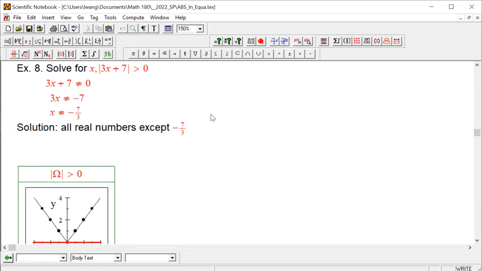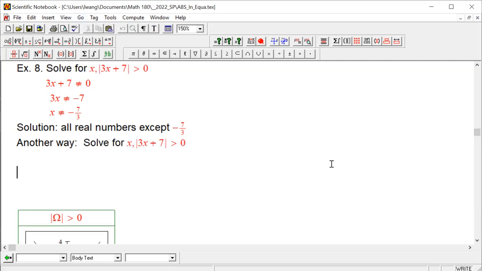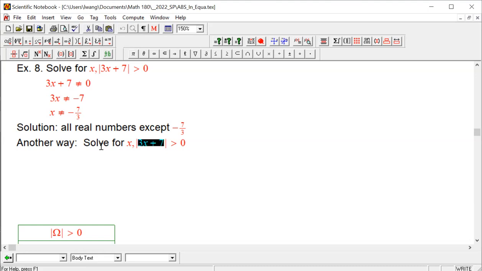There's another way to express this piece of work. Some people may like another way to solve this inequality. You could just say, every number will make it positive except when omega is 0.